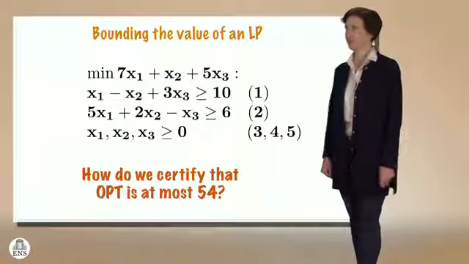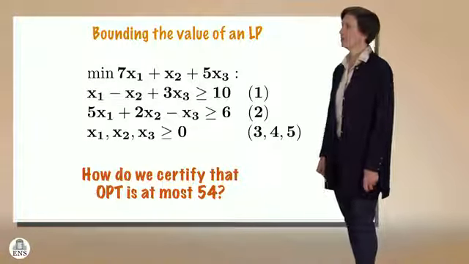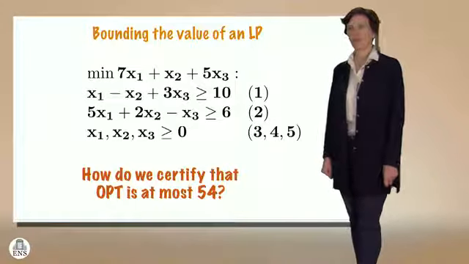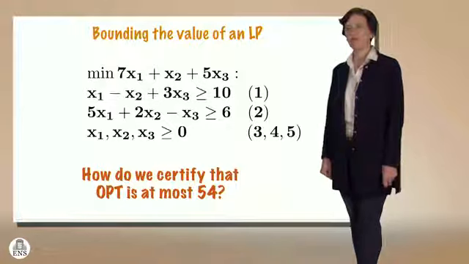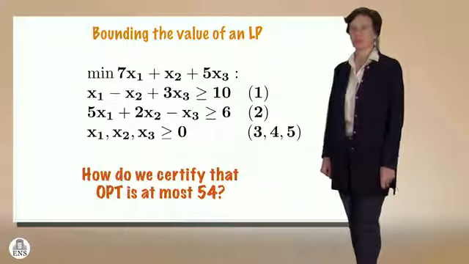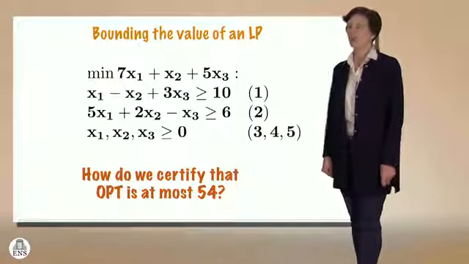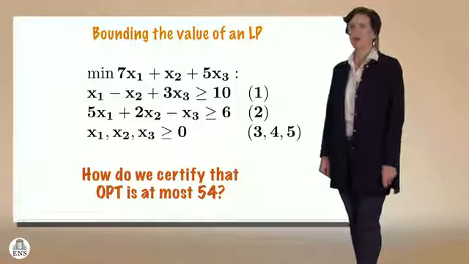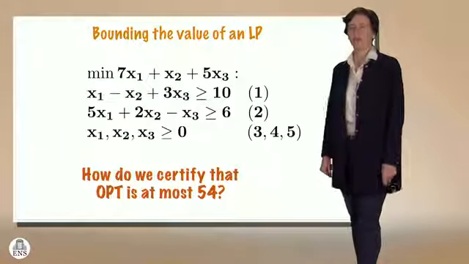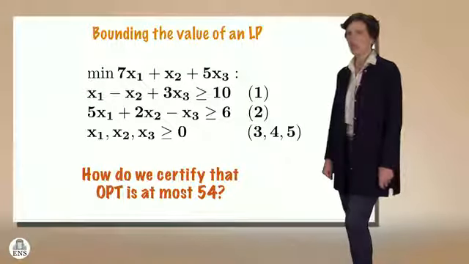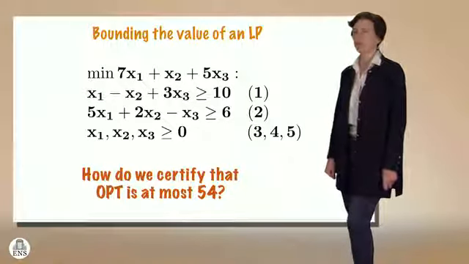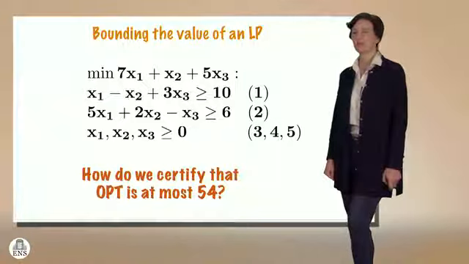All right. Now, instead of solving this linear program, let's just look at it and think about how we can upper and lower bound the value of the optimal solution. For example, the optimal value is not known. But how can you prove that the optimal value is less than or equal to 54?